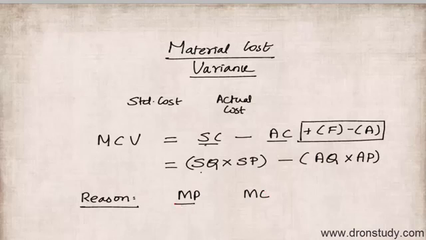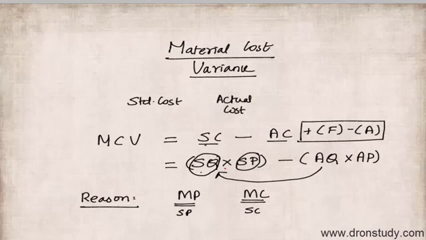So the major contributor to variances in material cost is either the material price, which differs from the standard price, or the material consumption, which differs from standard consumption. If you notice here, you have a standard quantity and a standard price, but actual quantity can be different from standard quantity, and your actual price can also be different from standard price.